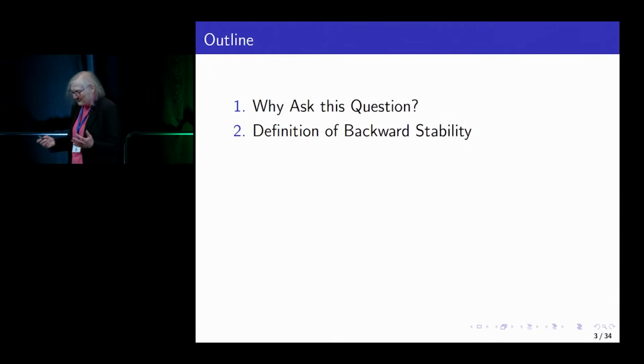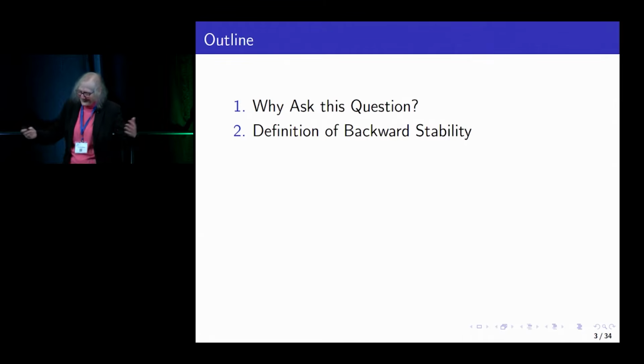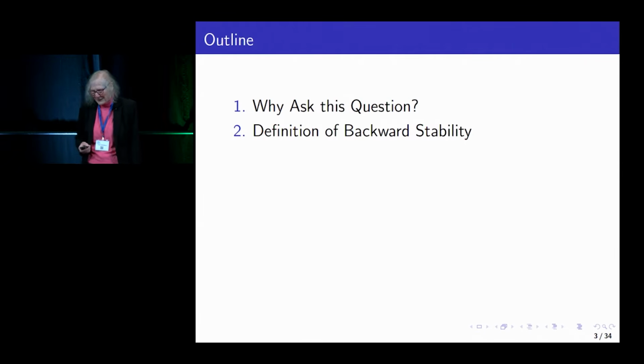Now, I think I mentioned in the abstract that I often have arguments or heated discussions, let's say, with my colleagues about whether certain iterative methods are or are not backward stable. Part of the reason for that, not the entire reason, is that for the definition of backward stability, there's no one definition, and the definition that people use for the most part is vague.